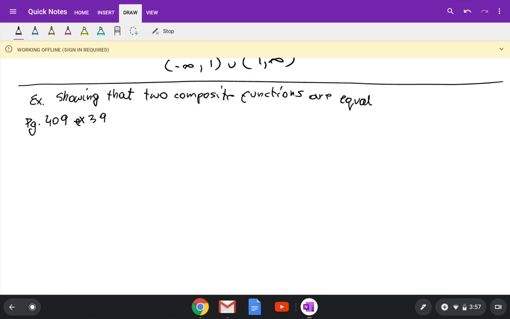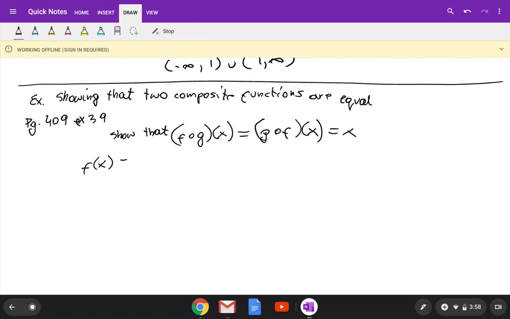So you need to show that f composed with g of x is the same as g composed with f of x, and that will give you x. Okay, so in our problem, function f has equation 2x and g of x has equation 1/2 x.